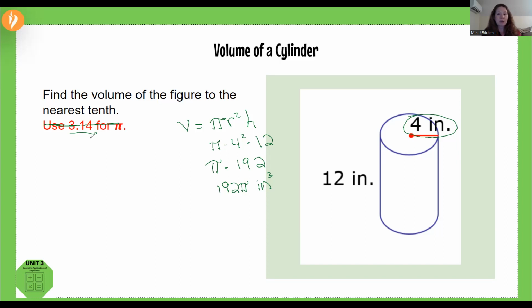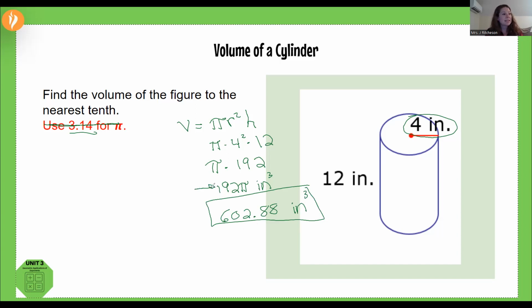So now in my calculator, I'm going to multiply 192 times 3.14. And so my final answer would be about 602.88 inches cubed. That is an approximate because pi, we round it to 3.14.